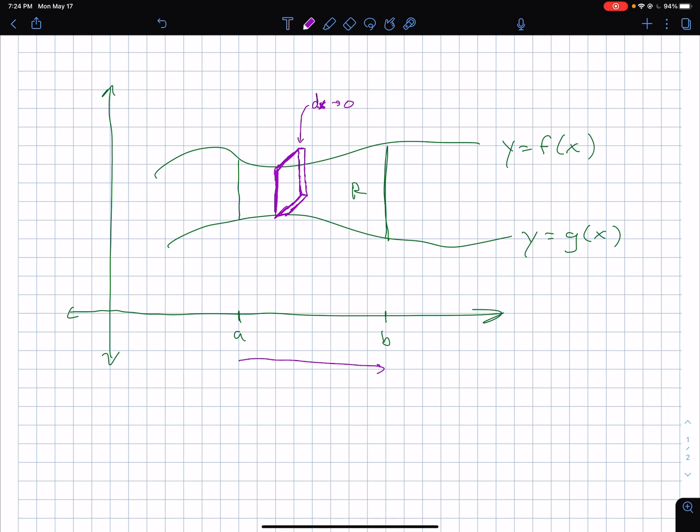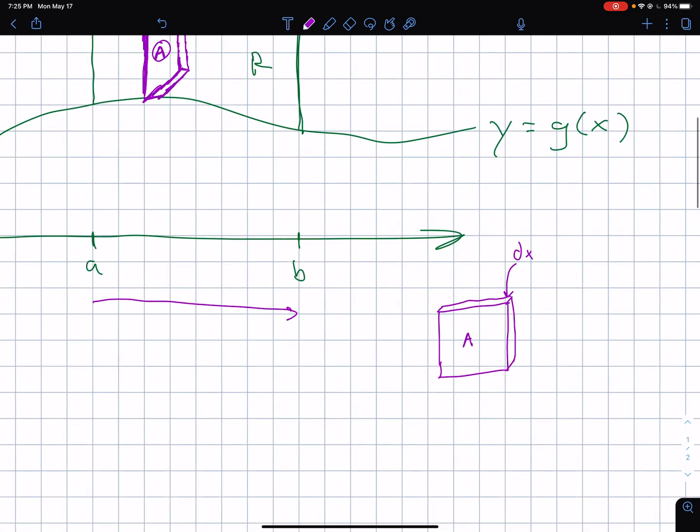So how do we find the volume of a shape like this with a cross section? Well, it's really about the area of that purple base. If I were to pluck this square off and lay it down, with that thin dx, we're talking about finding this area here, the area of the base.